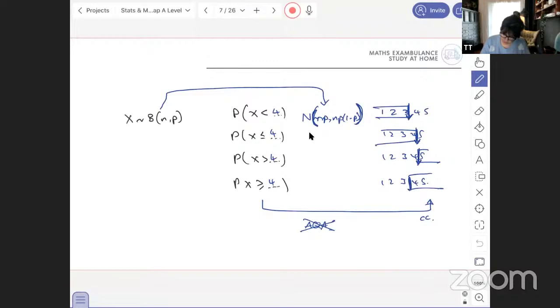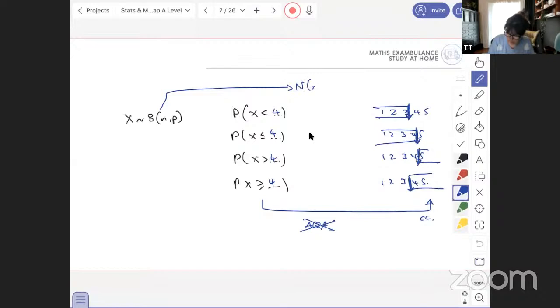So in the first case, we've gone over to being normal, with mean np and variance np(1 minus p). This would be the probability that X is less than or equal to 3.5. This one would be the probability that X is less than or equal to 4.5. This would be the probability that X is greater than or equal to 4.5. And this would be the probability that X is greater than or equal to 3.5.